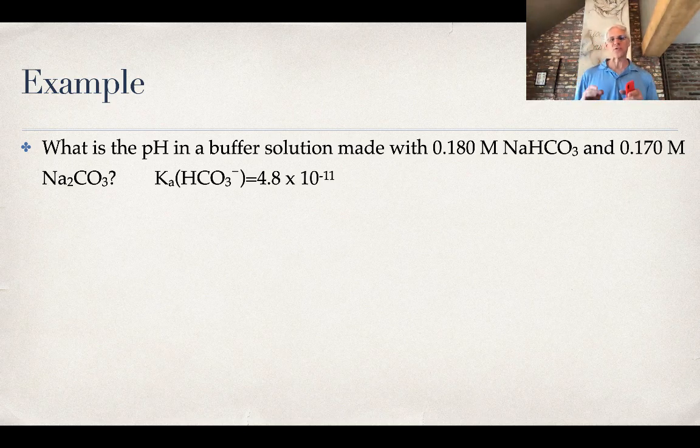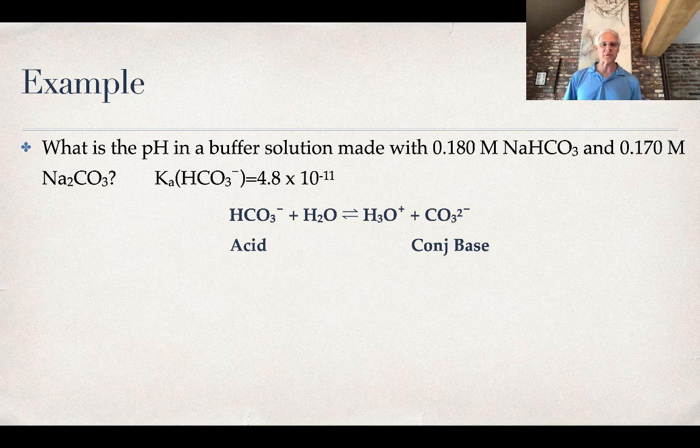And so we're going to write it as a dissociation of the bicarbonate ion into carbonate. Notice that we've left the sodium out of it. It's a spectator ion because all sodium compounds are soluble in water. The sodium is going to float away off the solids, and it's not going to play a part in the reaction.